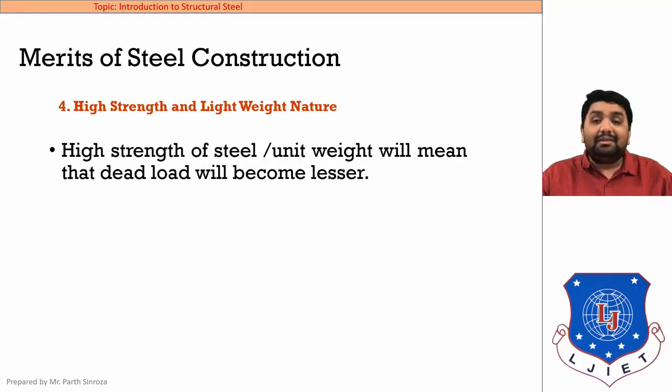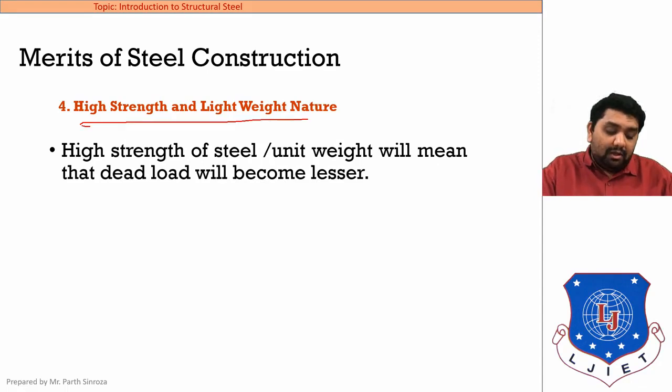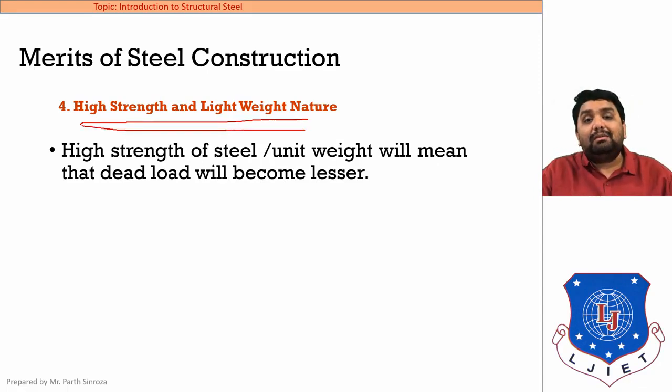The next is high strength and lightweight. This is the most important reason why steel structures are preferred, because it has high strength as compared to RCC, and it also has less self-weight, meaning the self-weight of the structure is less than an RCC structure. Even among many high-rise structures, for example Burj Khalifa, it is a composite structure.